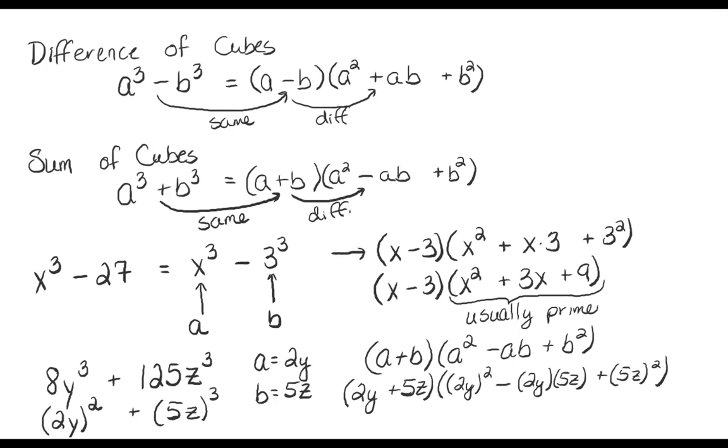And remember, those parentheses are important because they mean that not only does the variable get squared, but so does the coefficient. So for my final answer: 2y plus 5z, and then 4y squared minus 10yz plus 25z squared.